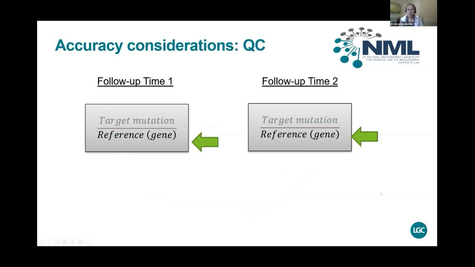And then from a QC point of view, the quantity of the reference gene is also very important in deciding whether the measurement that's being performed is actually conclusive or not.